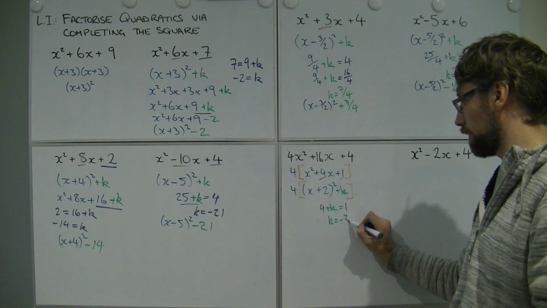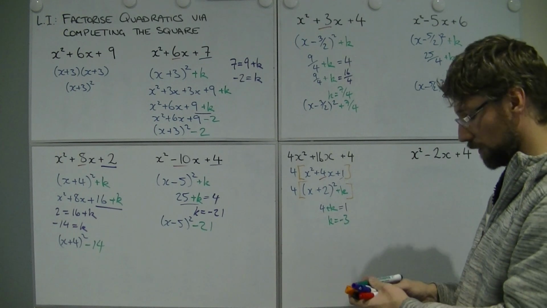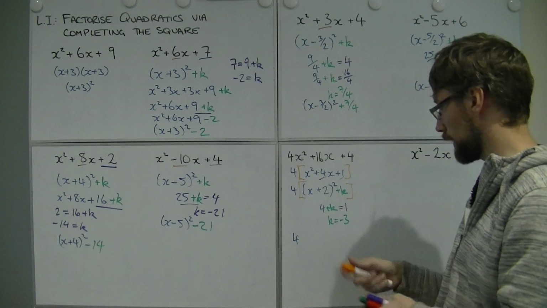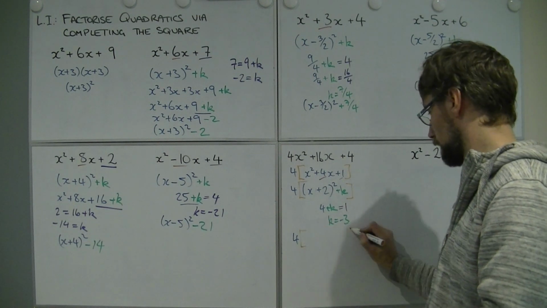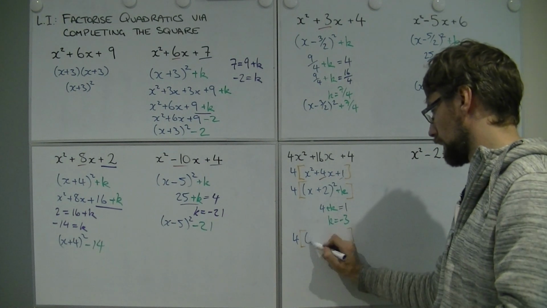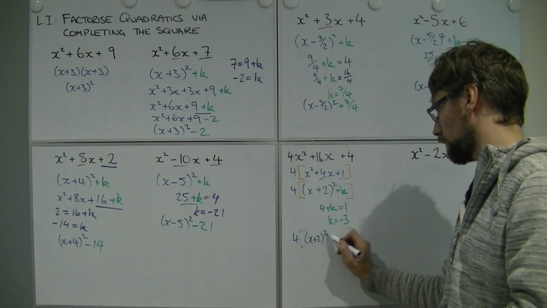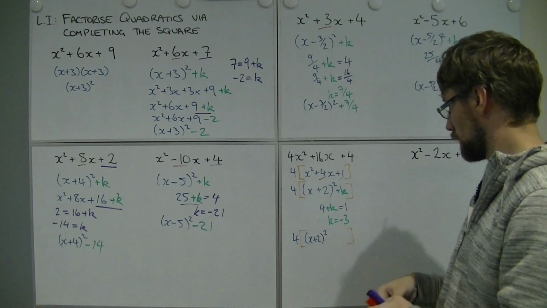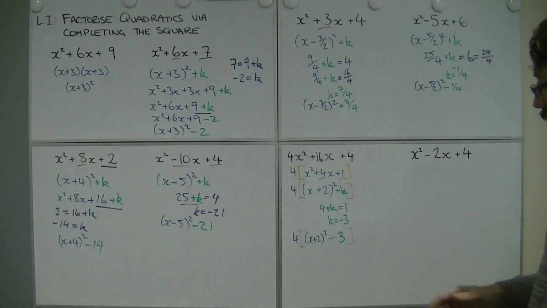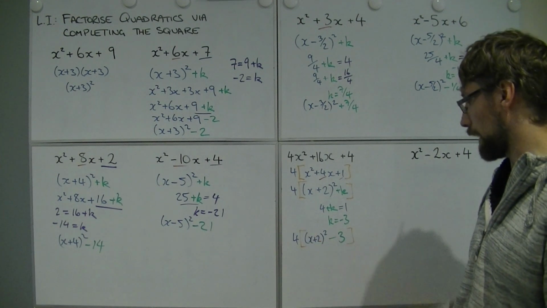Well, k would have to be -3. So we've got 4, orange bracket, blue, x plus 2 squared minus 3. Brilliant. Now, are these orange brackets necessary?